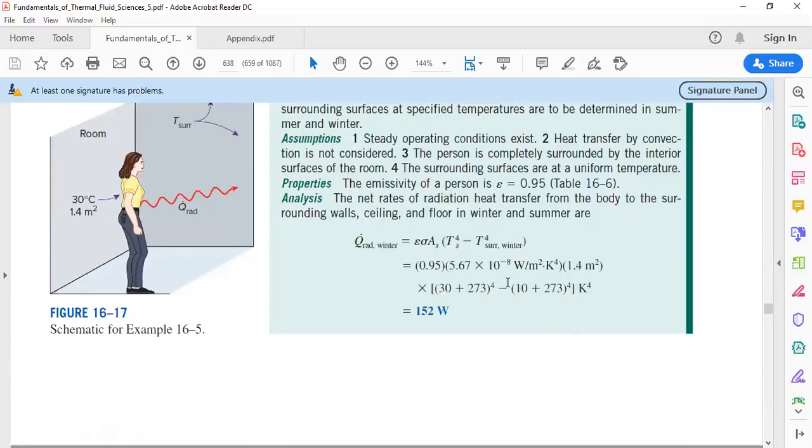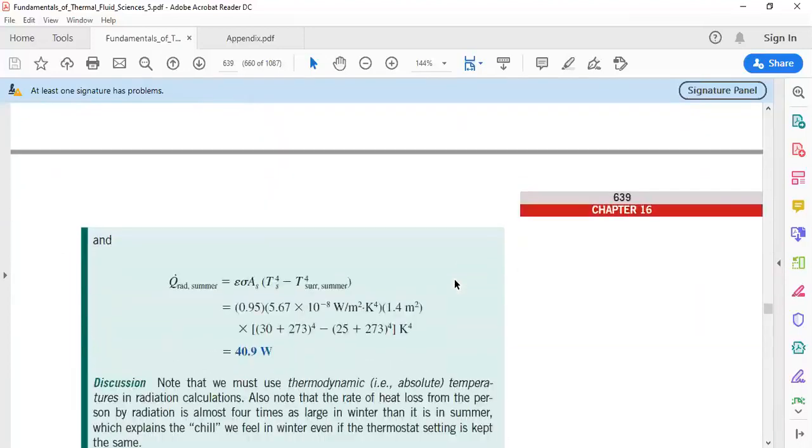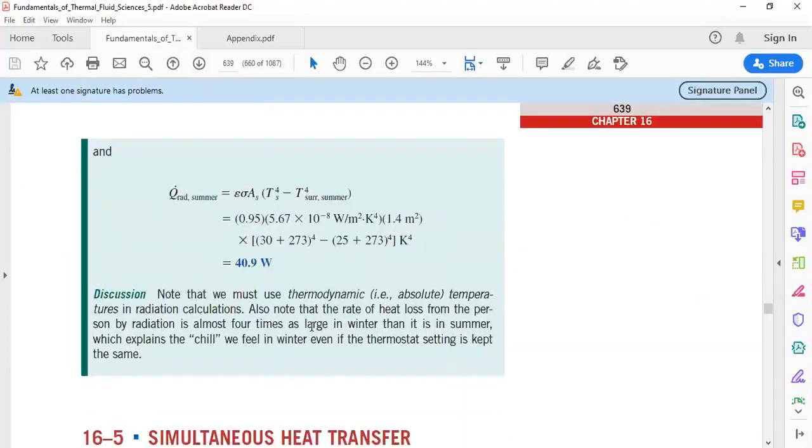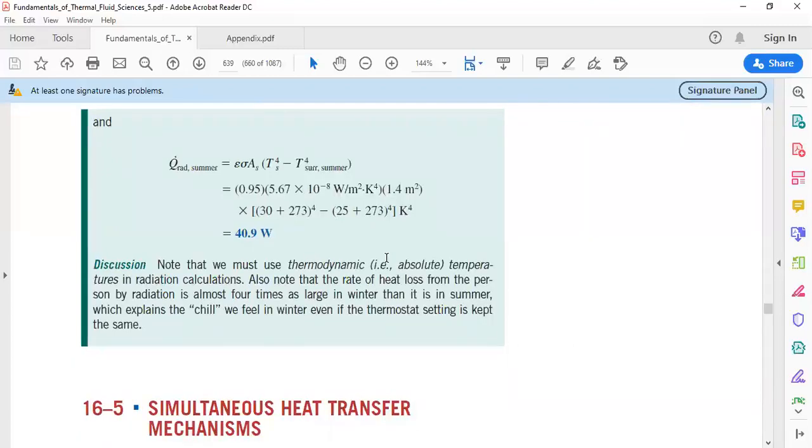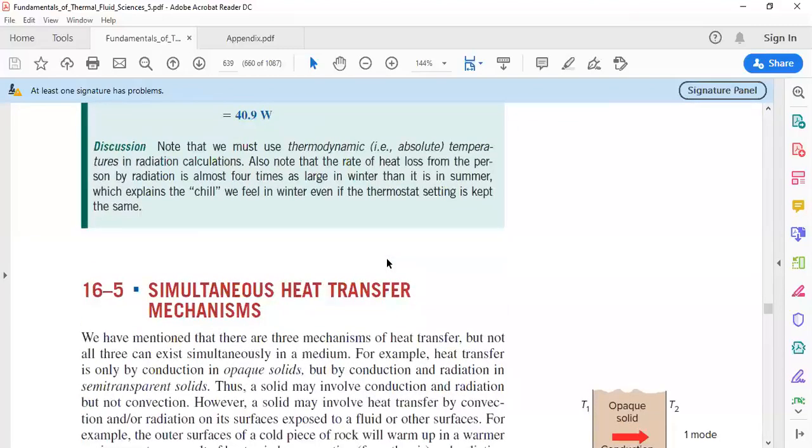The other parameters remain the same. The emissivity for the person, that's for human skin, we get from table 16.6. As we mentioned in the previous lecture, that's 95%. So the net radiation heat rate from the body of the girl in the winter is 152 watts, while in the summer it's 40.9 watts, after plugging in the value for the surrounding as 25 plus 273 Kelvin.